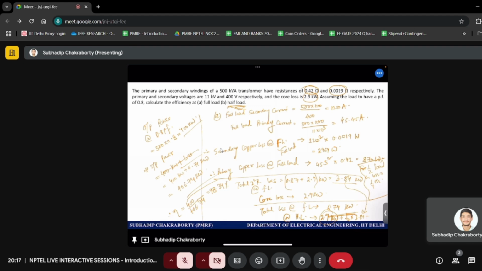So what I get is 3.84 divided by 4 plus 2.9, which is 3.86 kilowatt. So the half load efficiency is nothing but 400 by 403.86 into 100%.